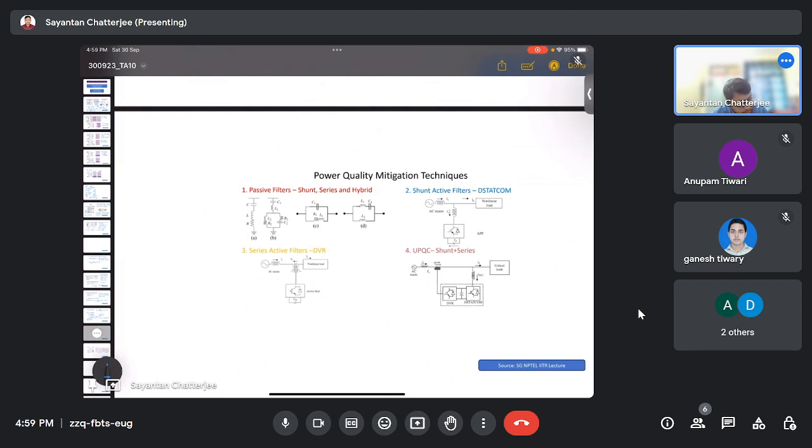And now coming to some power quality mitigation techniques.